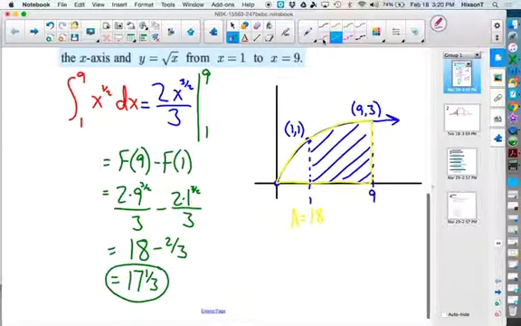And then you have this area below 1. That area is the 2/3. Okay? So that's 2/3. And then what we found was the 17 and 1/3. The total thing would have been 18.